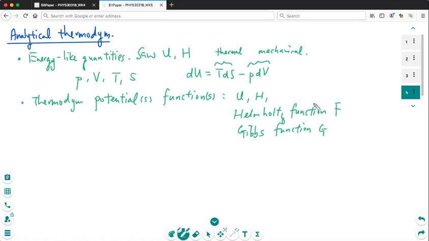A comes from a German word which I cannot pronounce. Gibbs function sometimes is given the symbol F. That is very dangerous. So there are plenty of opportunities to get confused if you are careless. You pick a book and you start to think F is this F, but actually the whole thing is talking about the Gibbs function. This is one piece of warning.